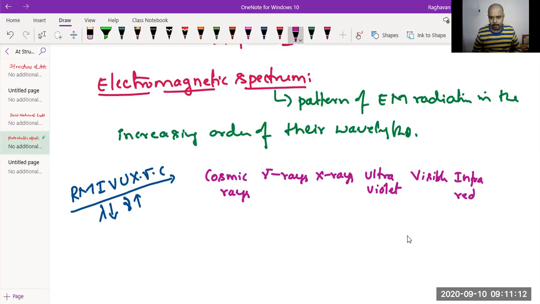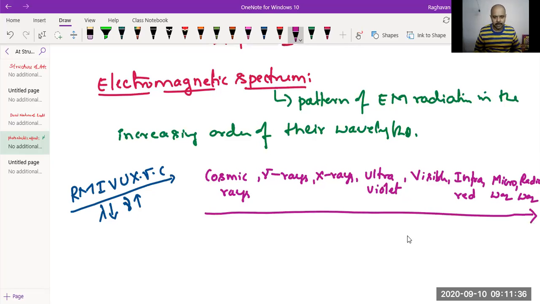After infrared, microwaves. Next, radio waves. So when you move from cosmic rays to finally radio waves, it is the increasing order of wavelength. Wavelength lambda increases and frequency decreases. And this entire range is called the electromagnetic spectrum.